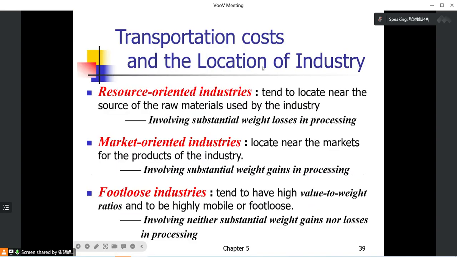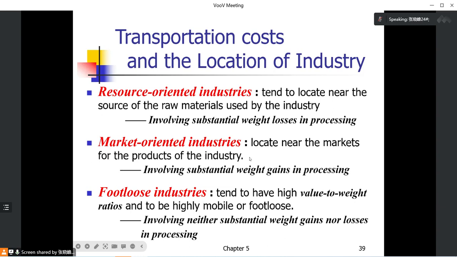Transportation costs and the location of industry. Resource-oriented industries tend to locate near the source of raw materials, involving substantial weight losses in processing.